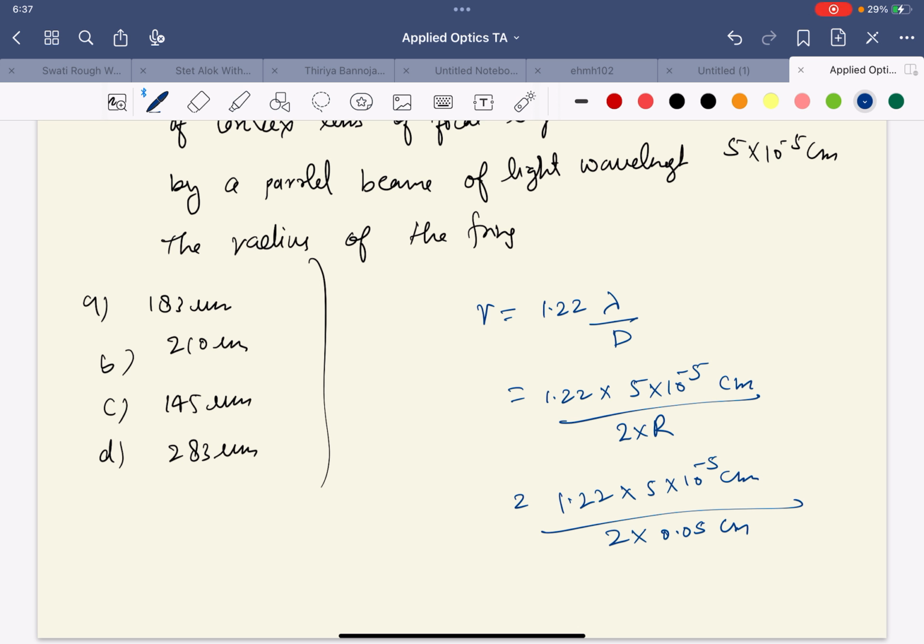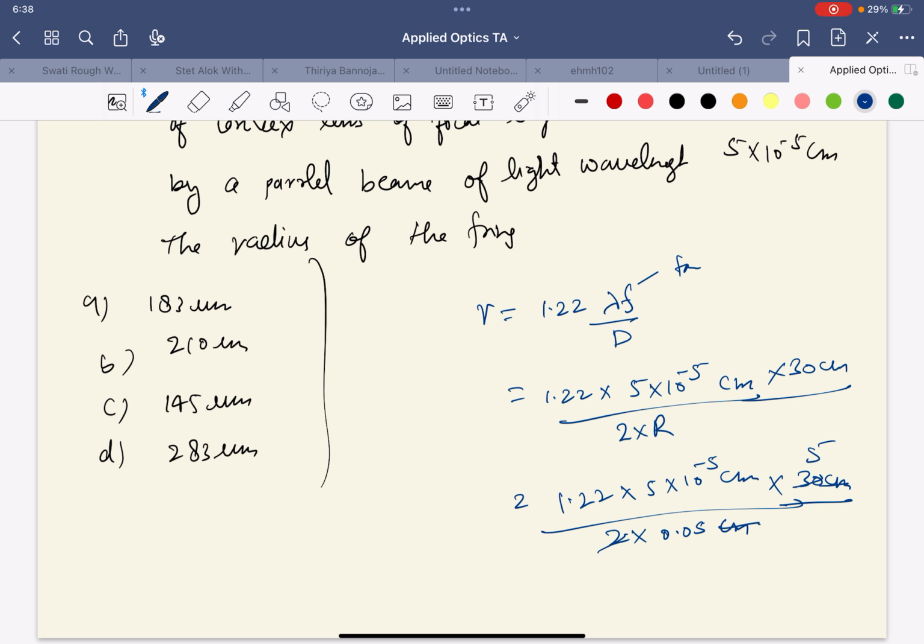Sorry, F is the focal length, so this F is given as 30 centimeter. So 1 centimeter is cancelled by 1 centimeter.